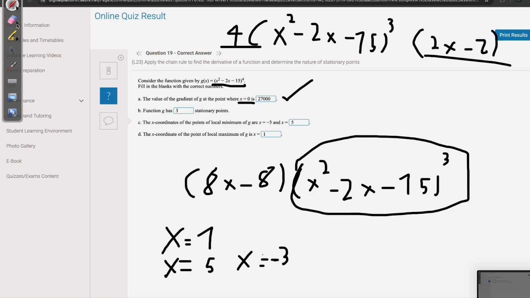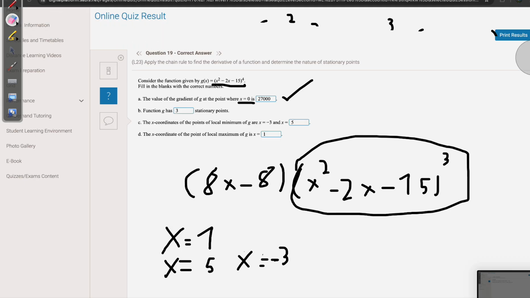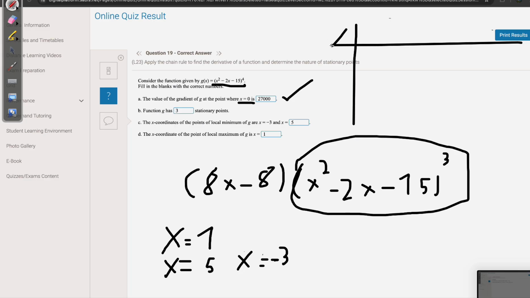Okay, now we need to do some harder stuff. Basically, we need to do substitution. So x, y prime, y, with negative 3, 1 and 5.